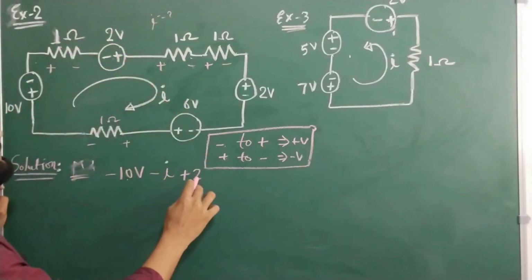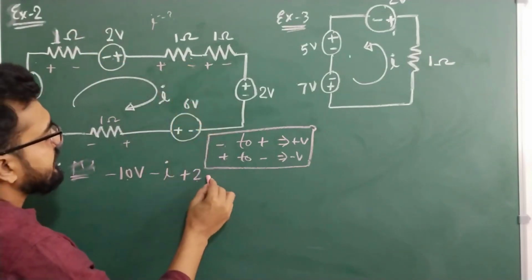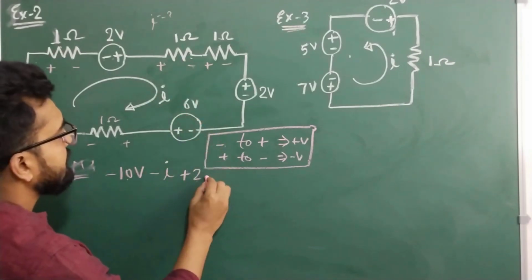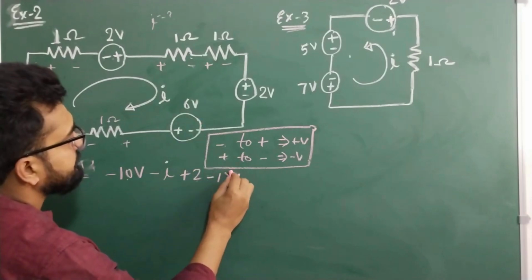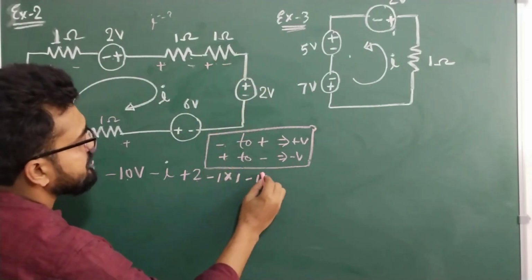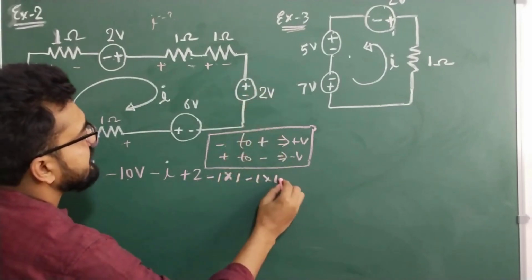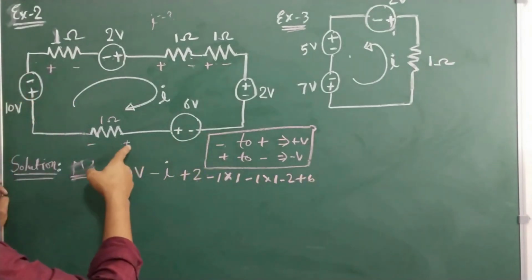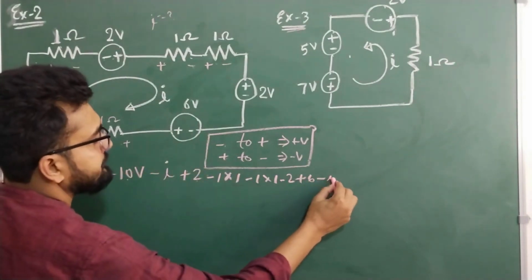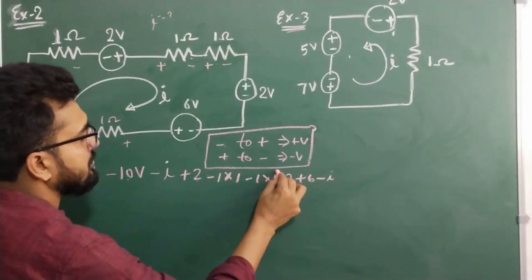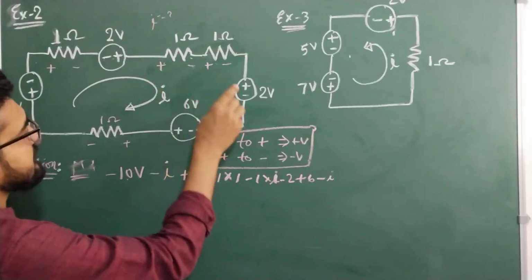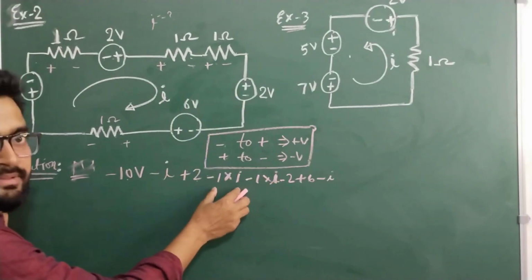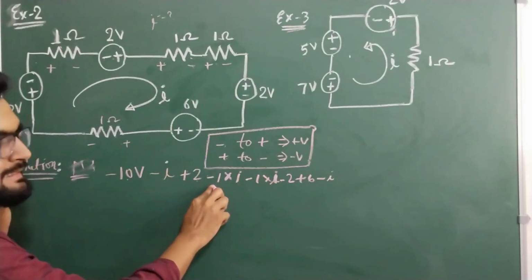Then minus to plus, which is plus 2, then plus to minus, which is again minus 1 into 1, then here again minus 1 into 1, and then plus to minus is minus, which is minus 2, minus to plus is plus 6, and then again plus to minus is minus, so minus I. Here it is basically minus I, not 1. So two resistors, so I here. Voltage is basically the current multiplied by the resistance value.